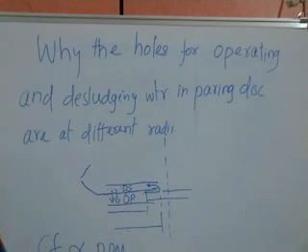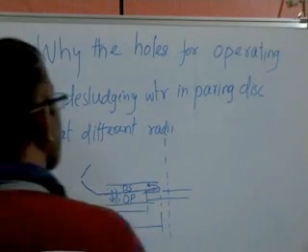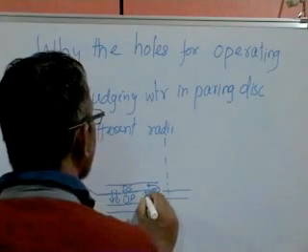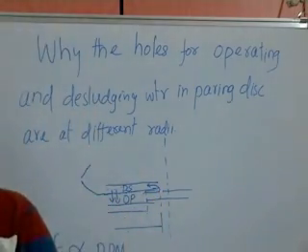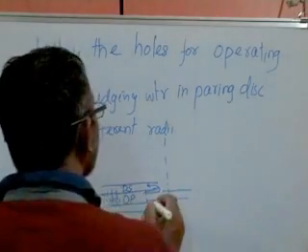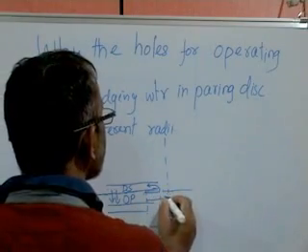So that is the reason why the holes for the operating water and the desludging water are given at different radii.